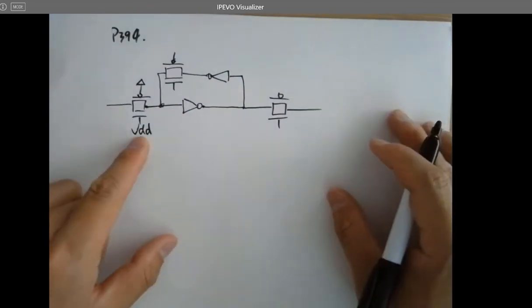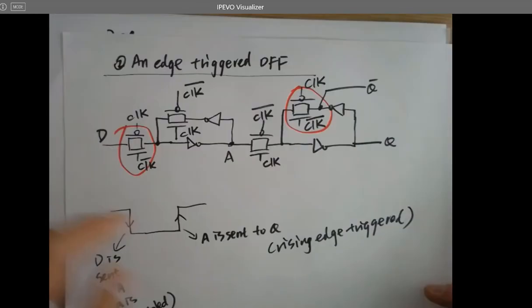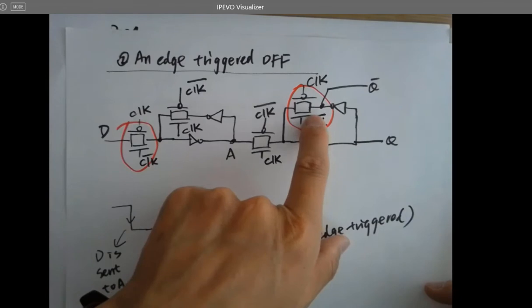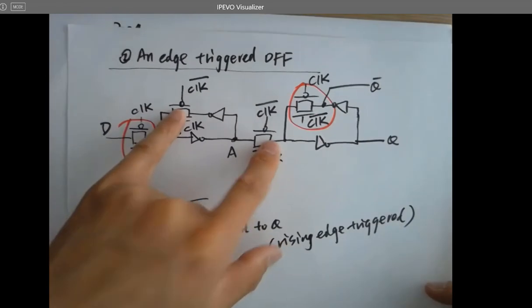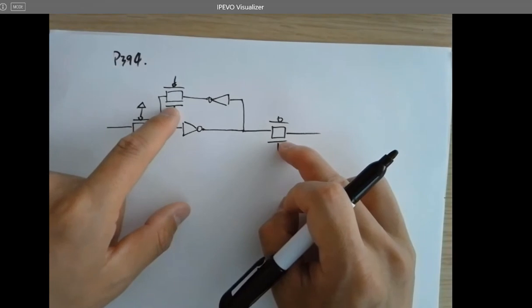So we keep this on. Remember which ones have the same clock: this one and this one, and these two. So when this is on, these two are off.